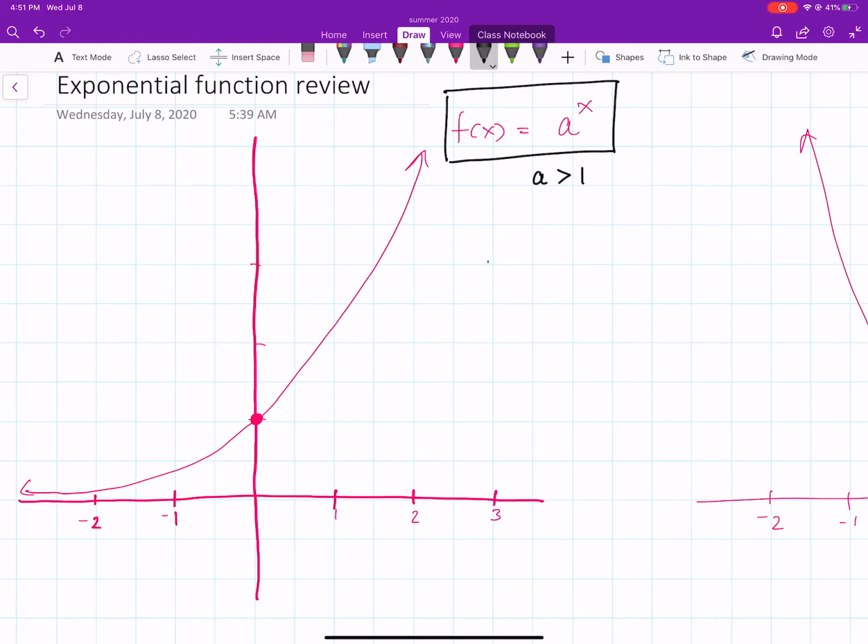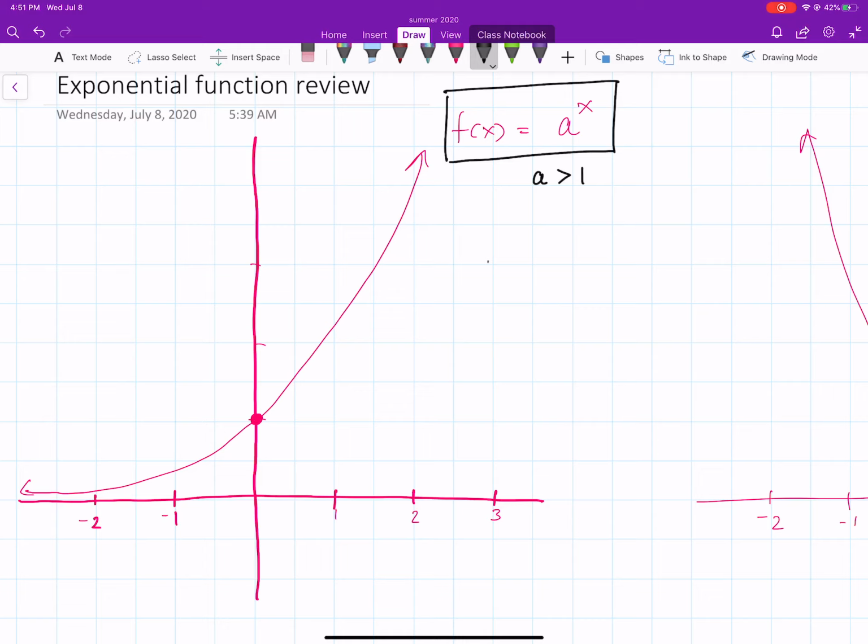So we really want our a to be greater than 1 if we want the graph to increase rapidly. We'll look at the scenario when it's decreasing rapidly, but if you want it to increase rapidly from left to right, we really want a to be greater than 1. So that's one characteristic. Okay, we don't want a to be 0 too.